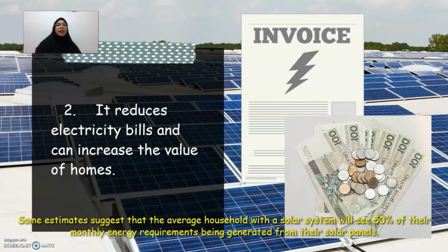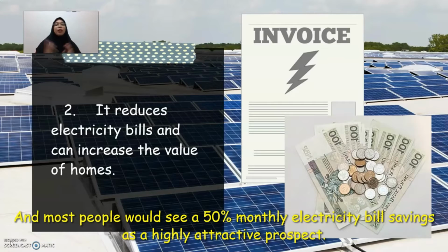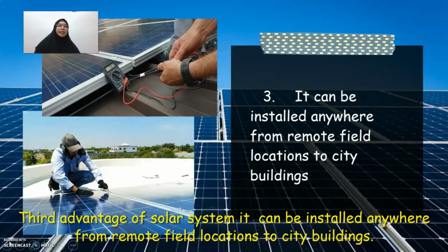Some estimates suggest that the average household with a solar system will see 50% of their monthly energy requirements generated from their solar panels, and most people would see a 50% monthly electricity bill saving as a highly attractive prospect. Another advantage of a solar system is that it can be installed anywhere, from remote field locations to city buildings.